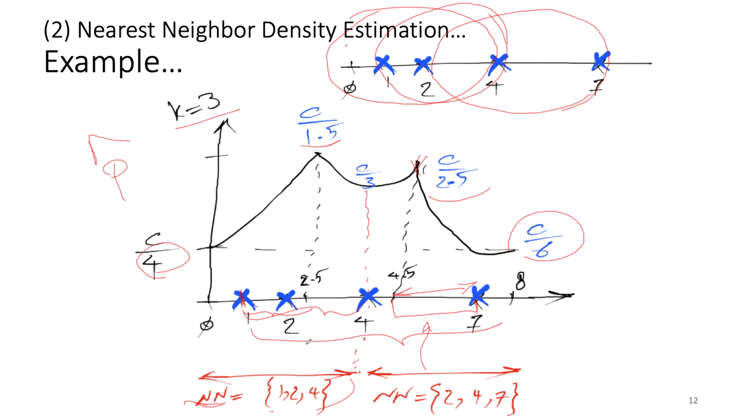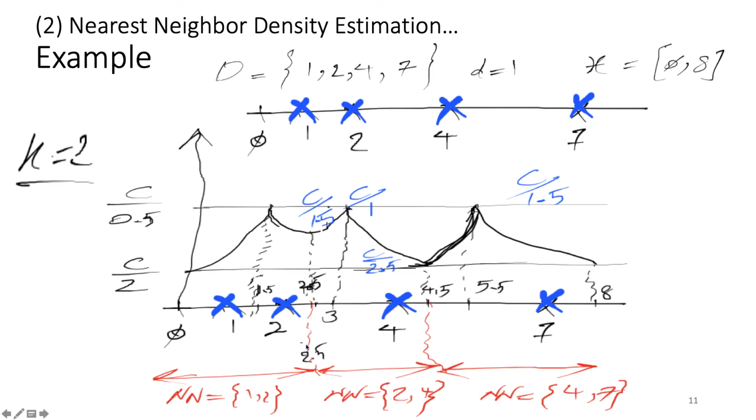So instead of 2, we're going to have 3 in the other case. All right. So now k is 2.